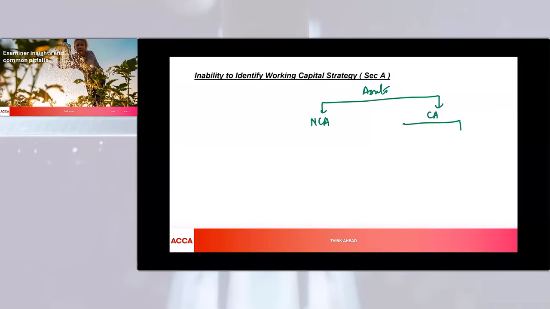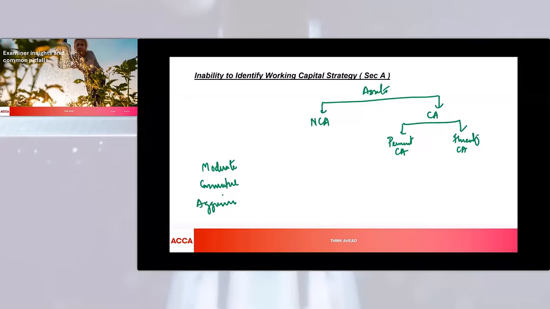This current asset can be further categorized into permanent current assets and fluctuating current assets. And we have three types of funding approaches: moderate, conservative, and aggressive.